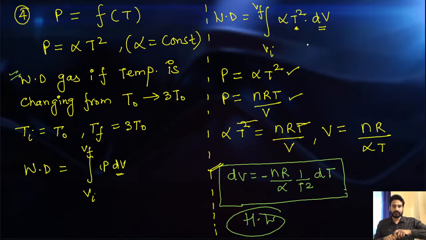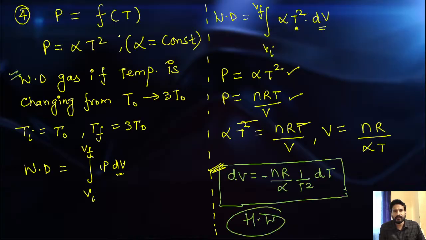Okay, now understand this. So now we have the dV expression, right? My dV is equal to minus nR divided by alpha, 1 by T square dT. This is my dV, right? But see, now we have the relation between dV and dT, and I think our purpose is now solved.